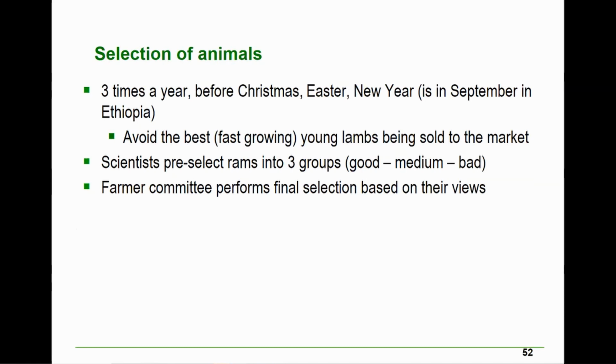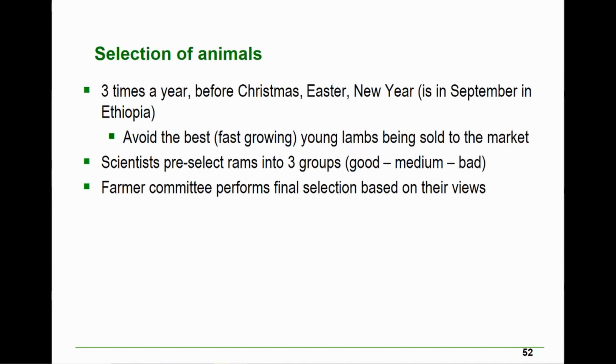And so this underlines the necessity to have not just knowledge about the genetic material and the genetic background of the animals, but also the local calendar, because while there is not too much time in the European perspective between Christmas and the New Year, in the Ethiopian calendar, the New Year is in September. So this is what needs to be taken into consideration.